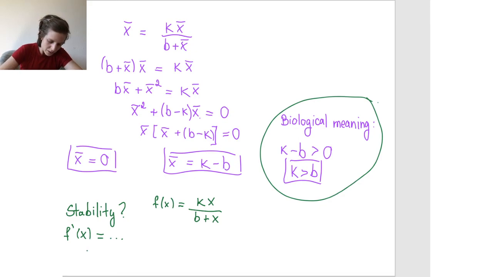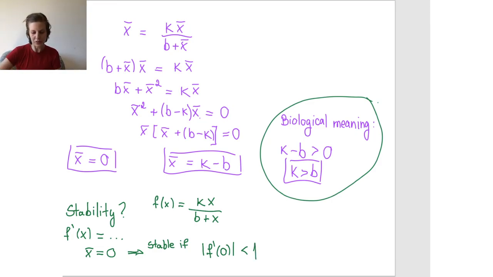So first you take x bar equals 0, and then it will be stable if this happens. And then after doing this, you do it also for the other. So you could just say this is steady state 1 and steady state 2. Okay, and then you analyze also if this happens.